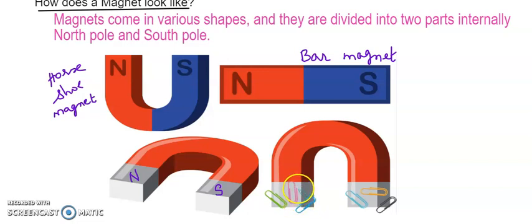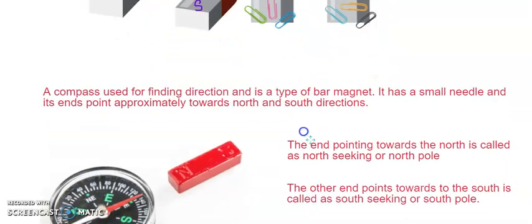Further, we'll talk about how to understand how strong a magnet is, and how to find out the strength of a magnet or the force applied by the magnet. But before that, let's rewind and revise the properties of a magnet.